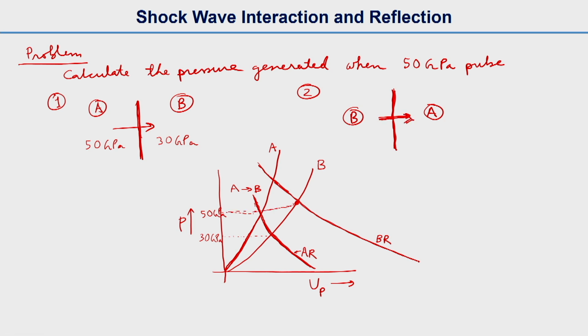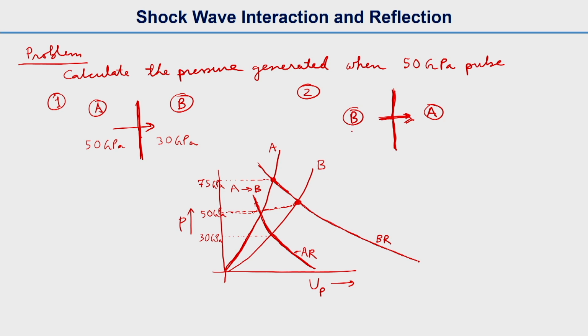So that pressure should be same 50 gigapascal. Sorry, this is a little bit higher. This should have been at 50 gigapascal. So this reflected curve will cut through this A curve at this point, and let's say this pressure is something like 75 gigapascal.